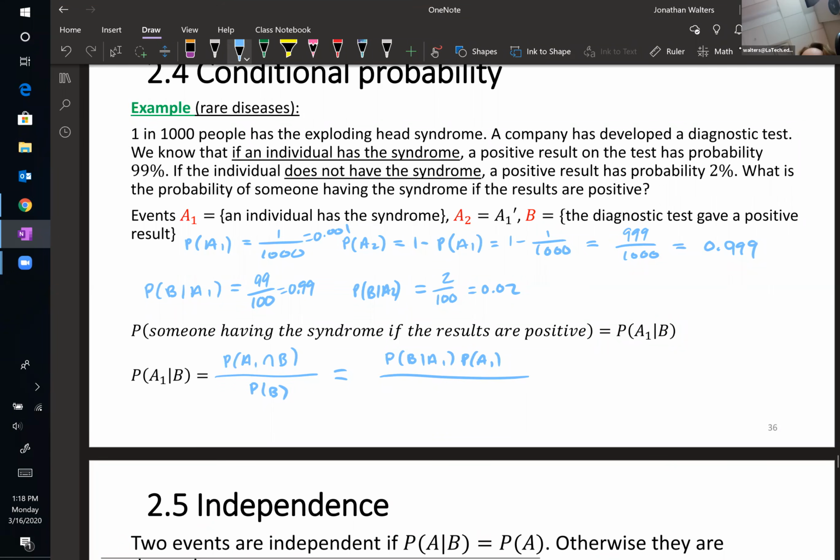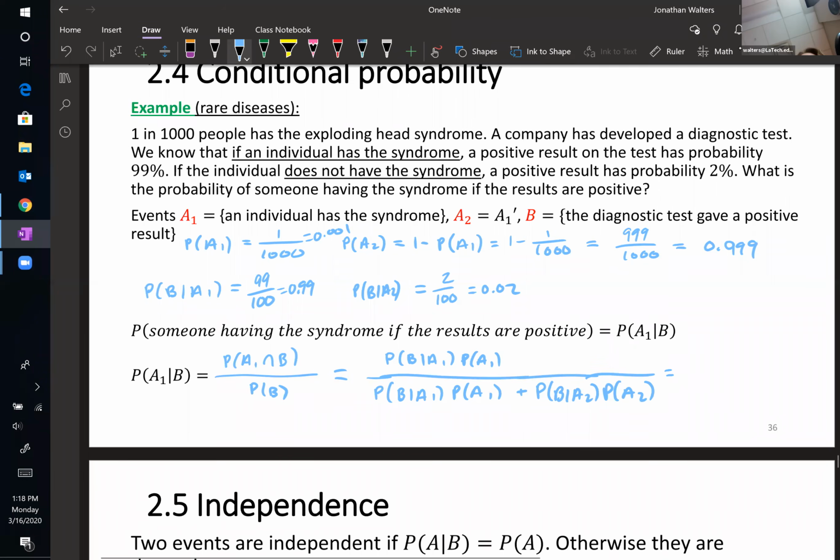And then in the denominator, using the law of total probability, plus probability of B given A2 times probability of A2. So that is going to be our answer.